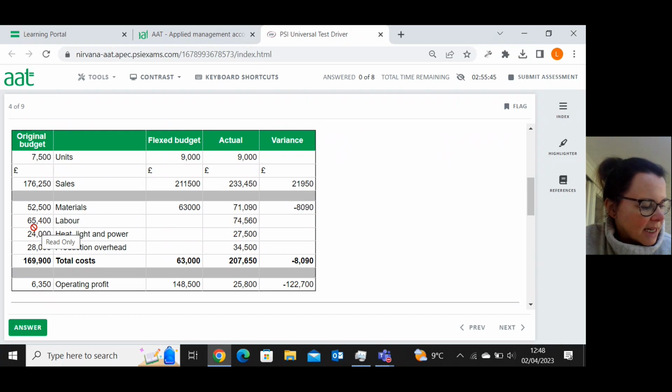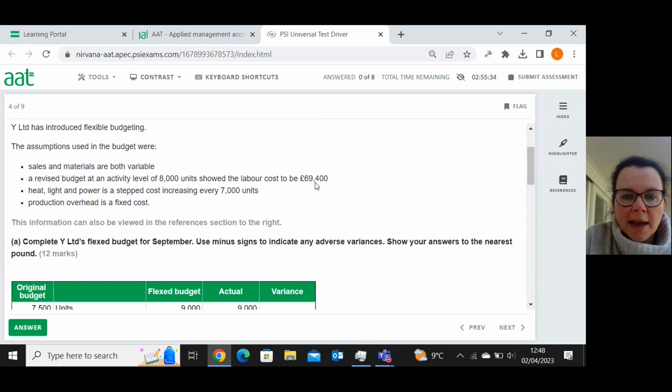Feed that back into one set of data, I've fed it into the high, so I've said £8 times 8,000 units would give me a variable cost of 64,000. And it told me it was 69,400, so the fixed bit must be 5,400. Right, so I've used the high-low, and I've got £8 is the variable cost per unit, and 5,400 is the fixed cost.